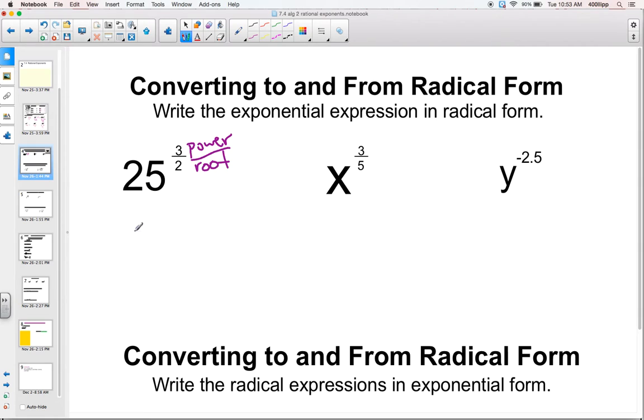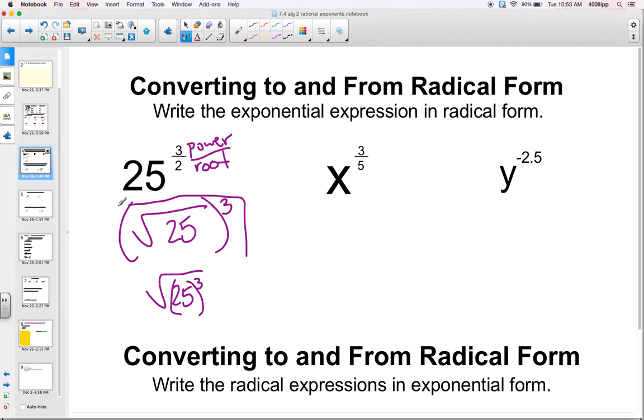So we have the square root of 25 to the 3rd power. You can write it like this, or you can write it like this. Either way is fine. I would recommend this way, especially because once we start solving these, you're going to want to take the square root of 25 first and then cube it.